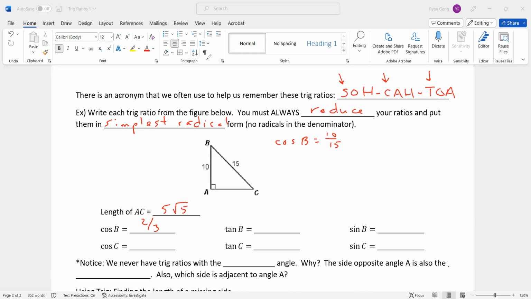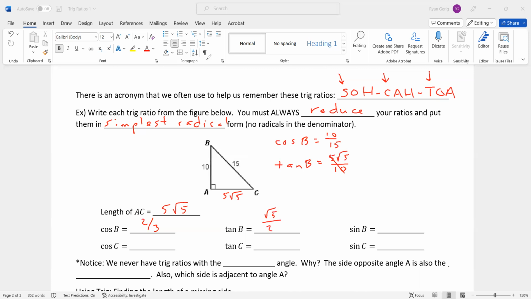The tangent of B is opposite over adjacent. So 5 radical 5 is opposite. Adjacent is 10. I can reduce the 5 and the 10 to 1 and 2. So 1 radical 5 over 2.